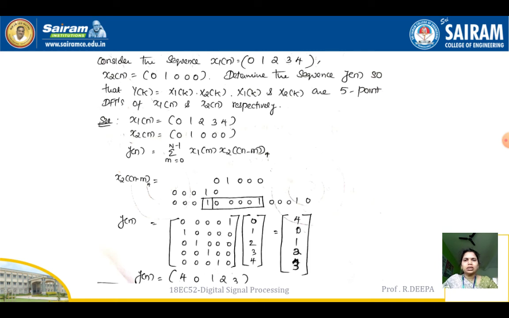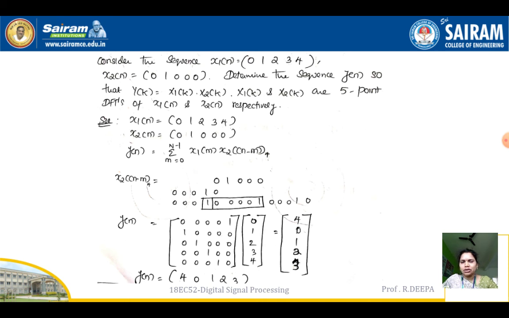So multiplication of the two DFTs will result in circular convolution in time domain. So we have a property, multiplication in frequency domain will result in convolution in time domain, that is circular convolution in time domain. So y of n can be written as circular convolution between x1 of n and x2 of n.